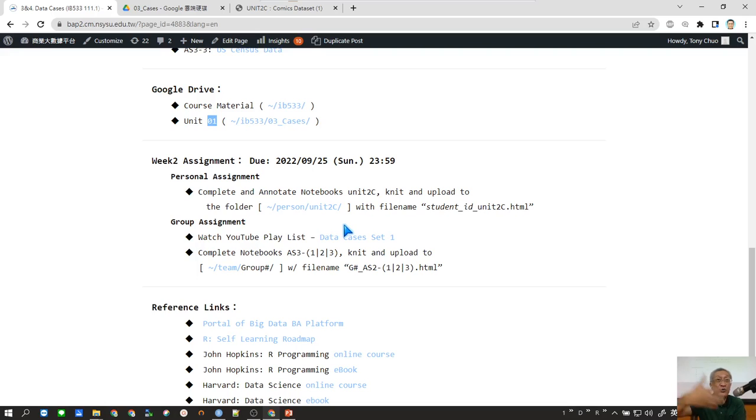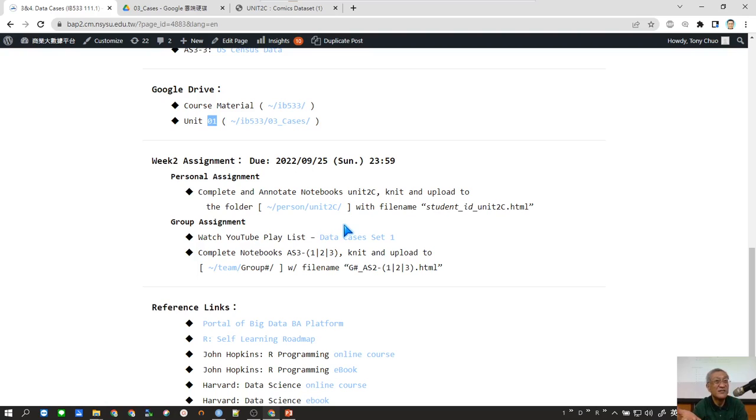You just annotate this 2C and compile, put your note into this 2C. It's a very lengthy notebook by itself, right? So finish it. Try to answer the question with some code chunk below the question, and that is your personal assignment for this week, okay?